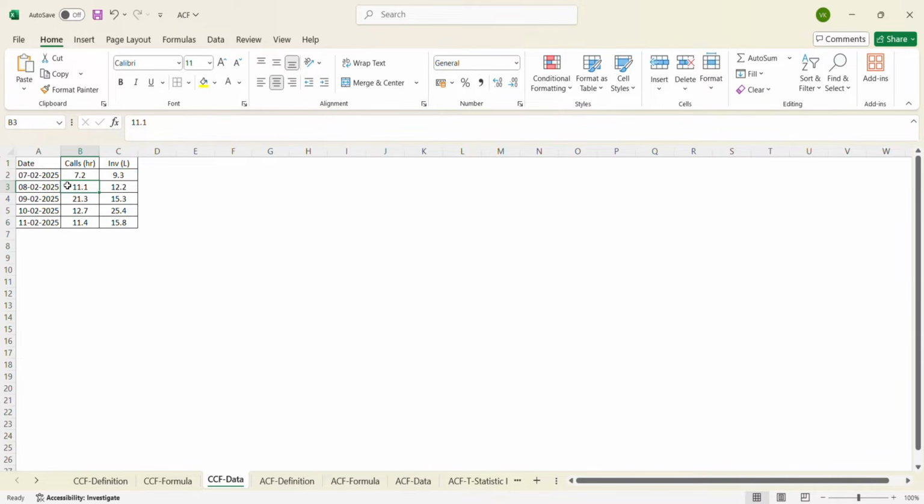So here I have taken a sample data where I have taken the number of hours spent by the sales team who are giving a demo for a particular software. So you book a demo call, you explain the software, and once you explain the software, you expect the people who listen to your demo or who have understood the software based on your demo to place an order to buy your software.